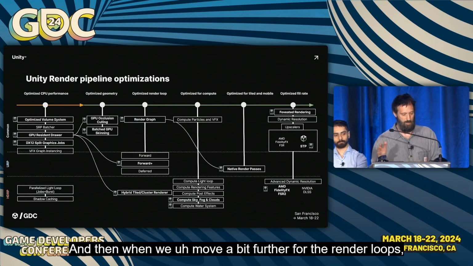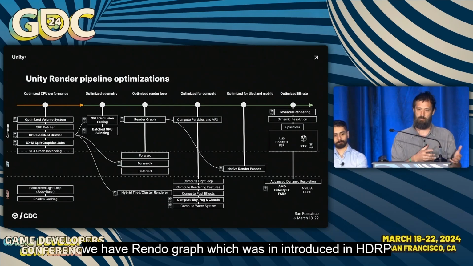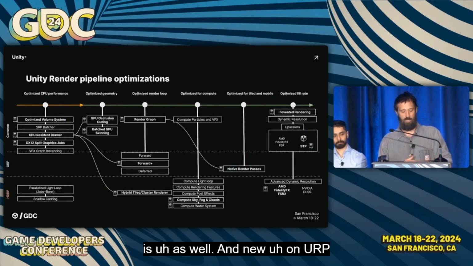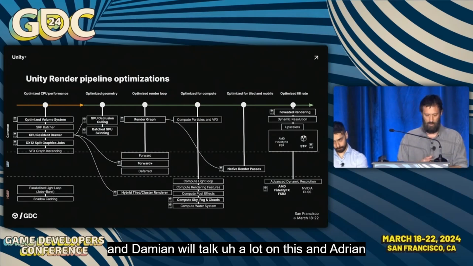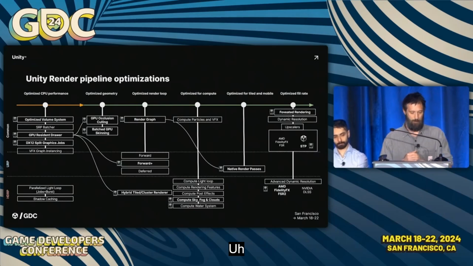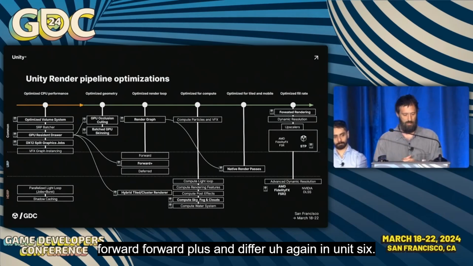And then when we move a bit further to the render loops, we have Render Graph, which was introduced in HDRP initially, and is now new on URP. Damien will talk a lot about this, and Adrien will make a demonstration of how to use it. For URP, we have also been spending a lot of time optimizing Forward+ and Deferred in Unity 6.